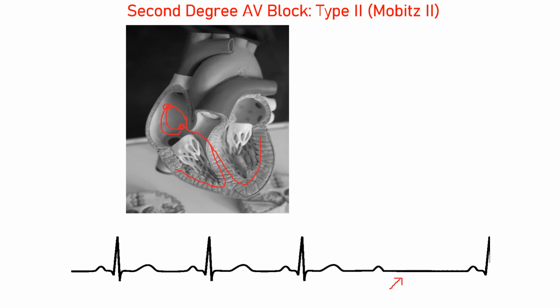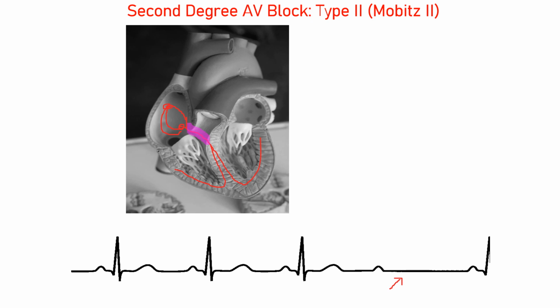In second degree atrioventricular block type 2, the block is usually distal to the atrioventricular node, that is, at the bundle of His. It does not send the steady signal from atria to ventricles, increasing the risk of high-grade or third degree atrioventricular block.